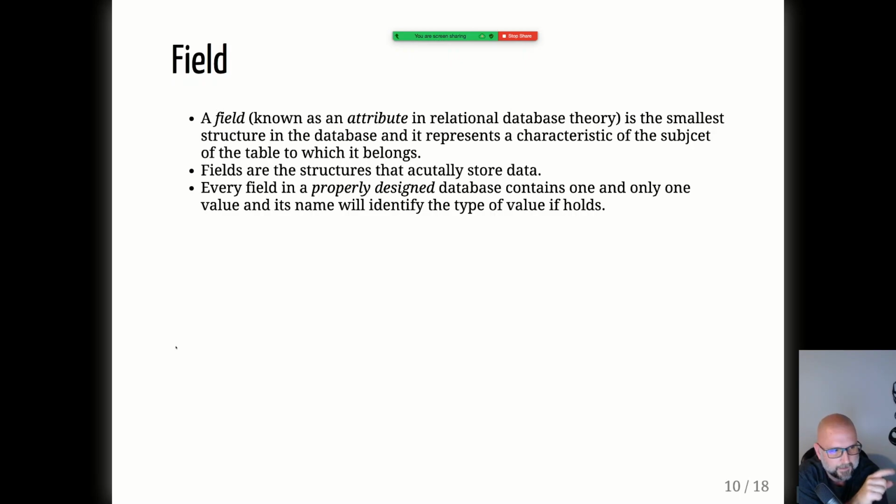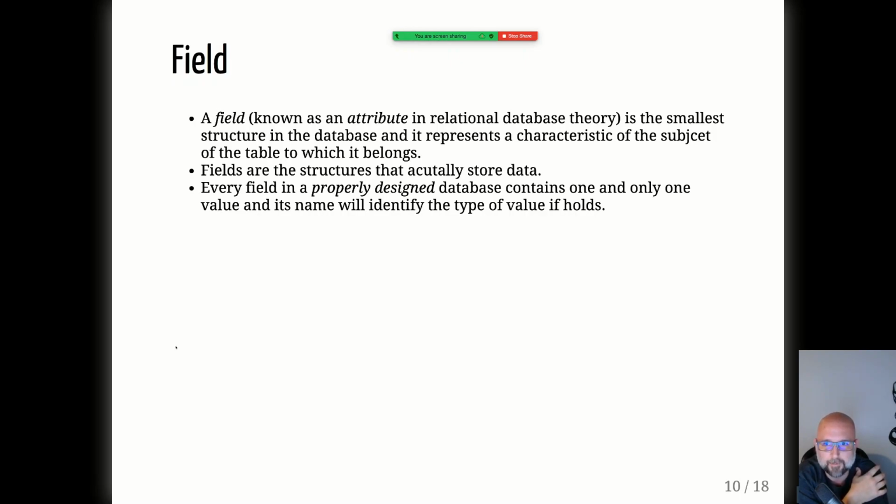Let me say that again. The table is defined with attributes. Client ID, first name, last name, etc. Each record in that database has values associated with those attributes. Those are the fields. So the fields are the structures that actually store data.